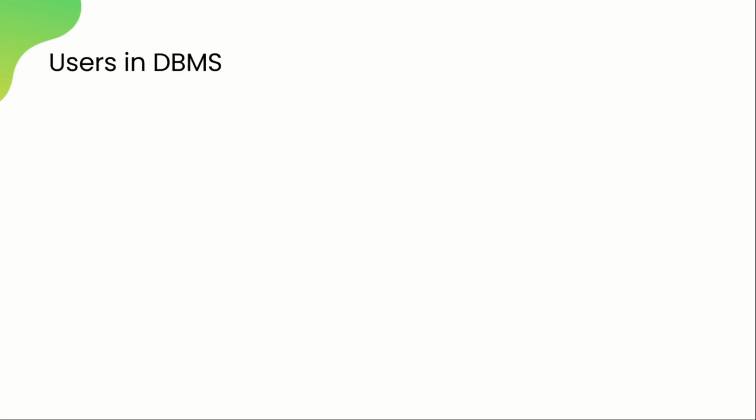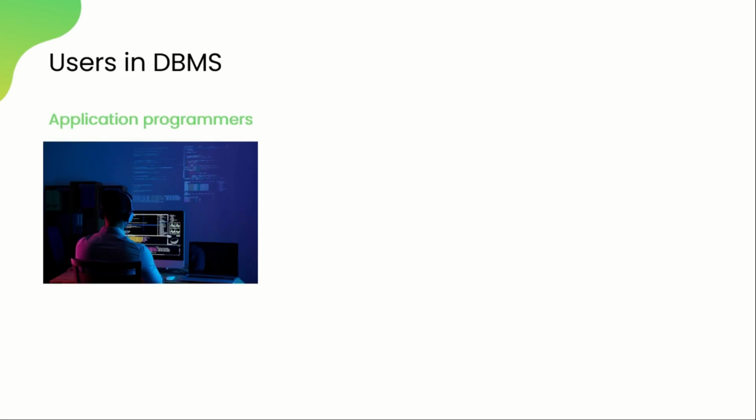Users in database. So we have different types of users in a database. One type of users are application programmers. Application programmers are the users who develop the application in different languages like Java, .NET, or COBOL.